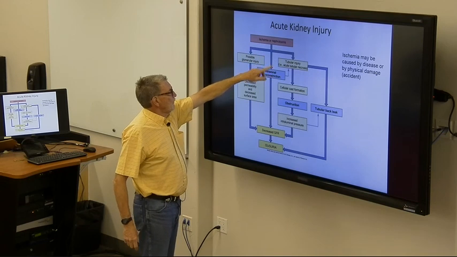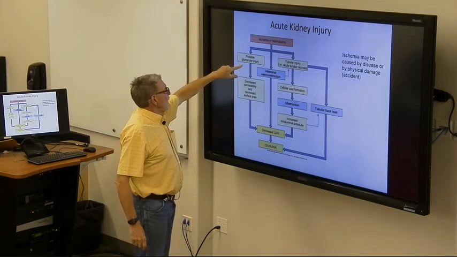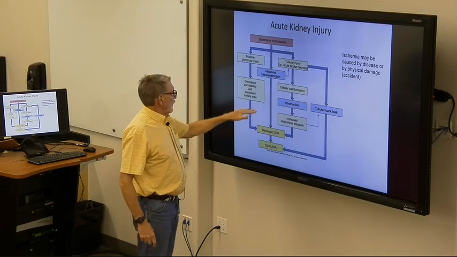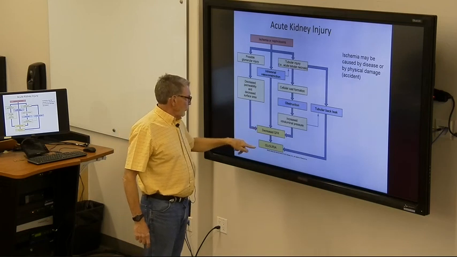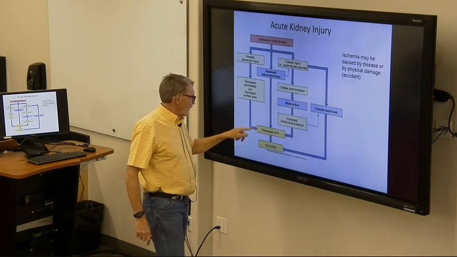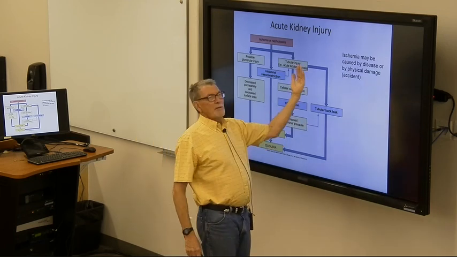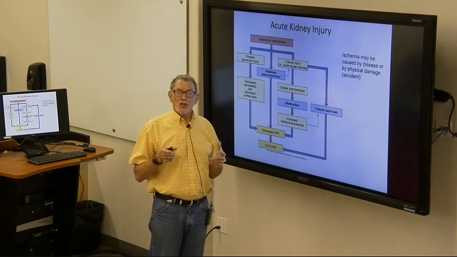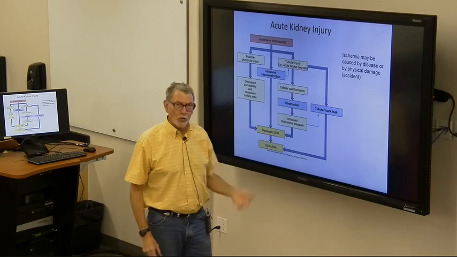Tubular necrosis, damage to the tubules, injury to the glomeruli, winds up with a decrease in urine production, obstruction, decreased GFR, so not enough pee, and the leak back or push back increases pressure back into the kidney, which makes it worse. So it becomes a cyclical problem that can get worse and worse.